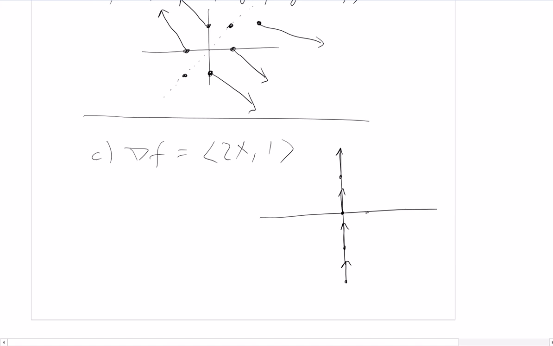But if we go to the right, say when the x value is 1, then all the vectors will be 2 comma 1. So they'll all point like this. And if we go here where x is minus 1, they'll be minus 2, 1. So the same thing but reflected.